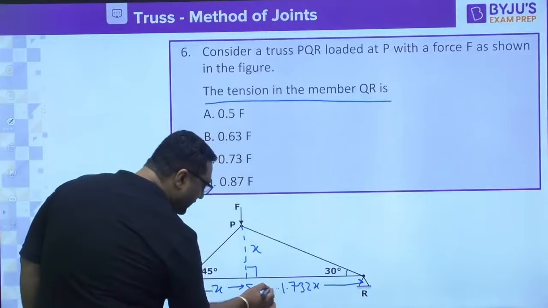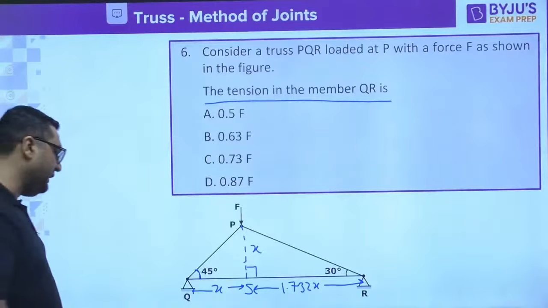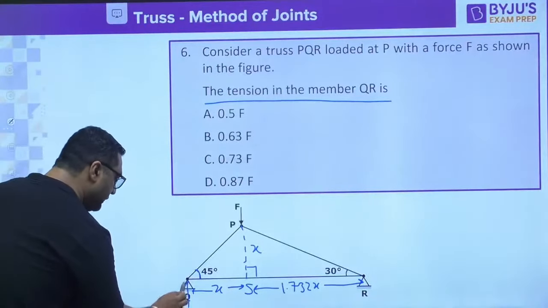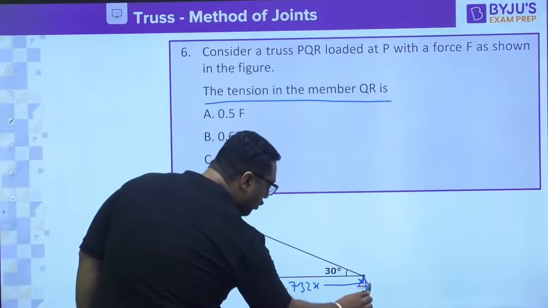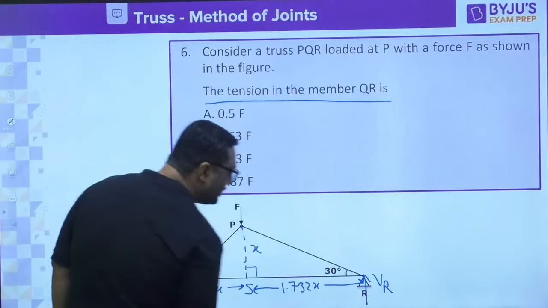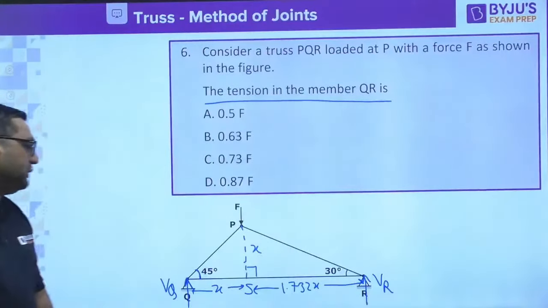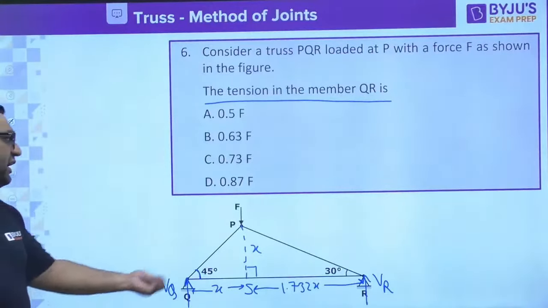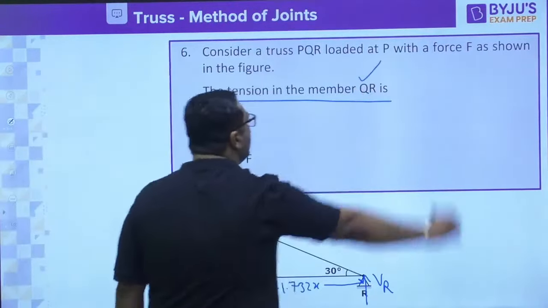So my dear, now it is very easy for you to solve. Now you can find out very easily the support reactions, that is nothing but VQ and VR, because you know there is no horizontal force, so no horizontal reactions. So to find out VQ and VR, now you can use equilibrium equation, and after getting VQ and VR, you can very easily find out the force in member QR.